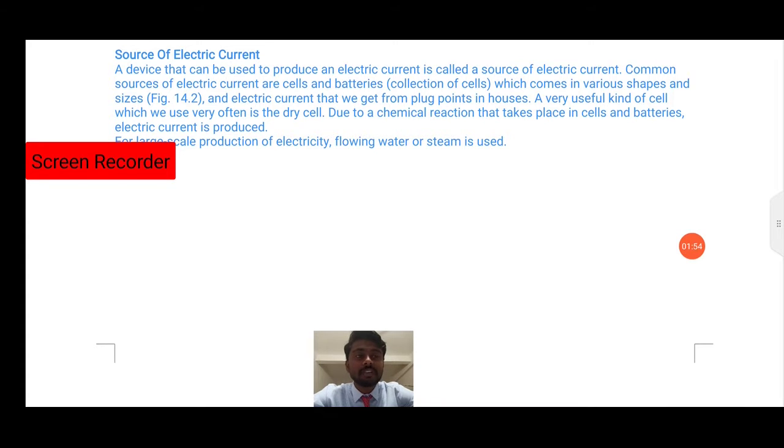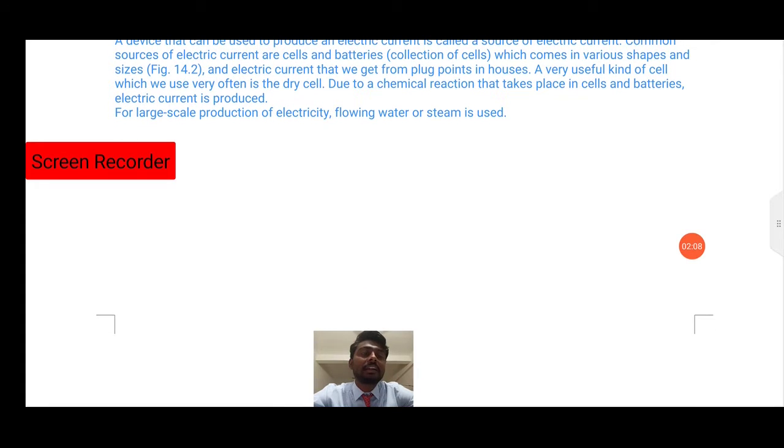A very useful kind of cell which we use very often is the dry cell. Due to the chemical reactions that take place in cells and batteries, the electric current is produced. For large scale production of electricity, flowing water and streams are used.